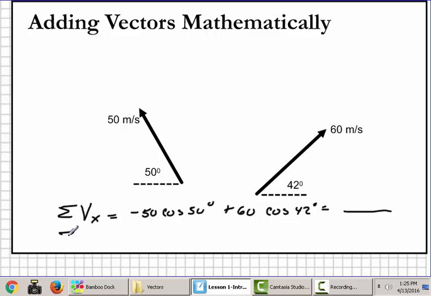Then I just sum the velocities into the y direction here. I will get 50 times the sine of 50 plus 60 times the sine of 42. I will get a value here. At that point, just go to Pythagorean theorem, and you can find the resultant by taking this value squared plus this value squared and taking the square root.